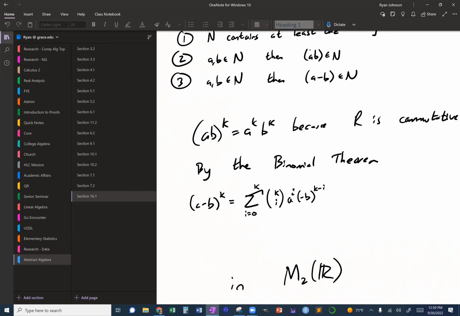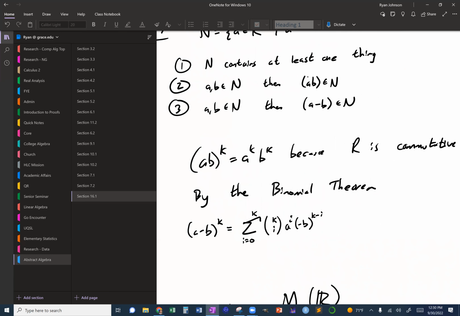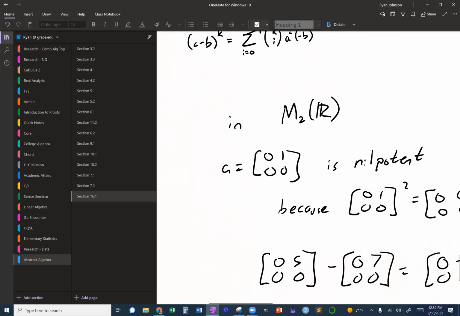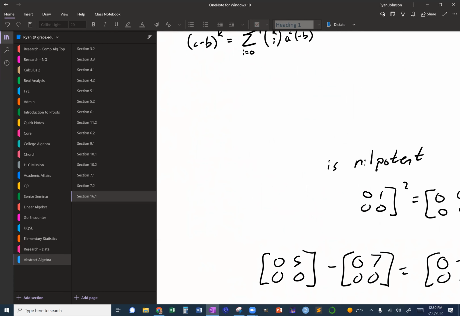So a key thing for this proof is that you need the binomial theorem. Forget about this example now, because you actually want to prove it. The example is just to get your mind around it.